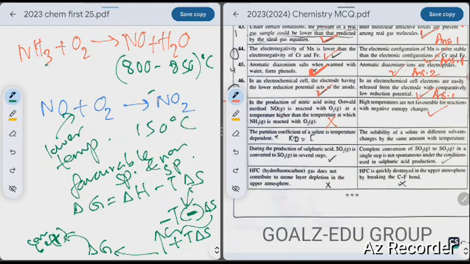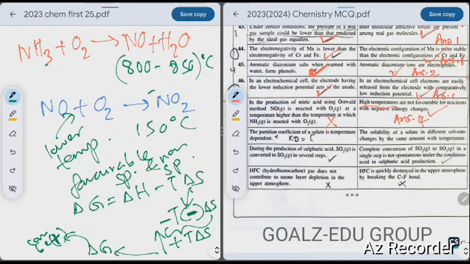Then when we increase the temperature, the positivity increases. Therefore, delta G tends to become positive and the reaction will not be favorable. Right? So, the first statement is wrong and the second statement is correct. Therefore, answer is 4.